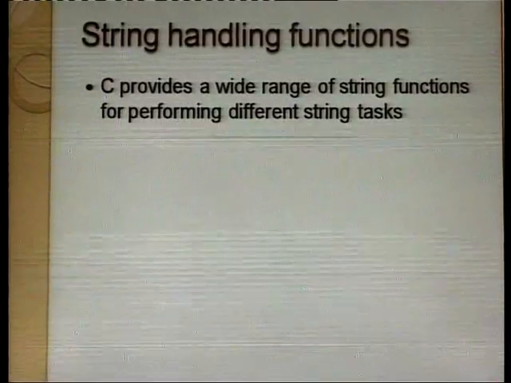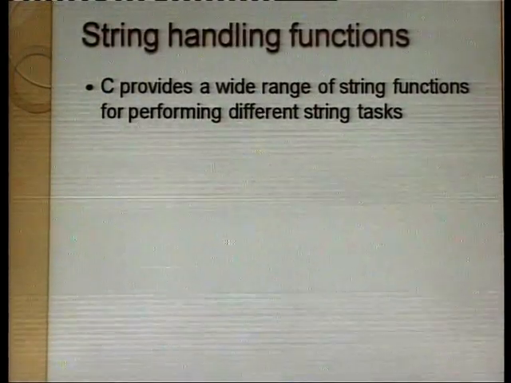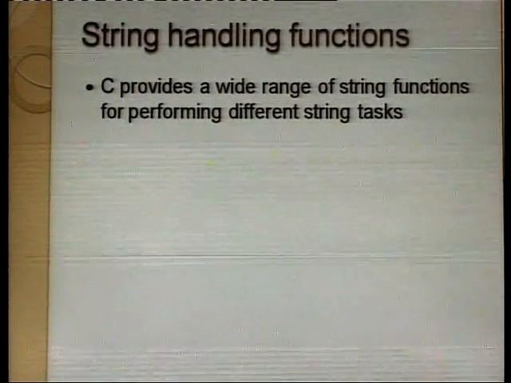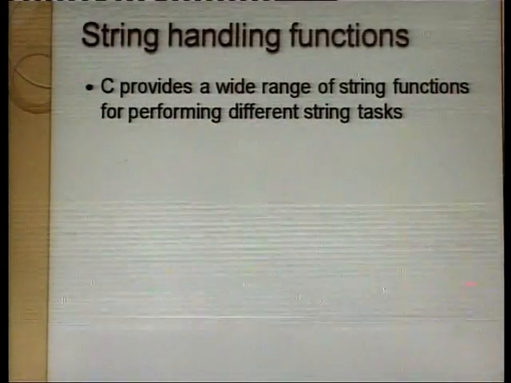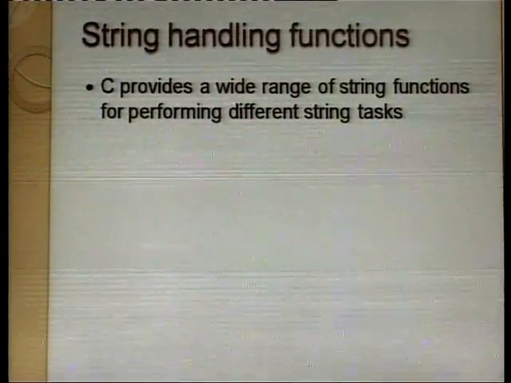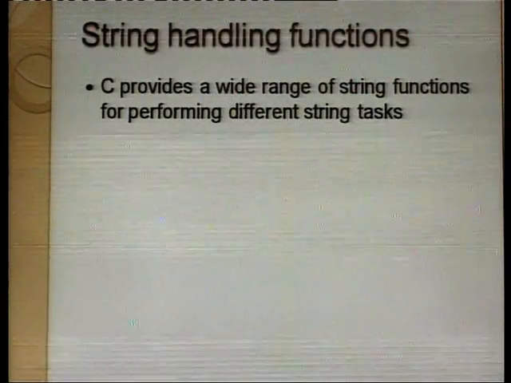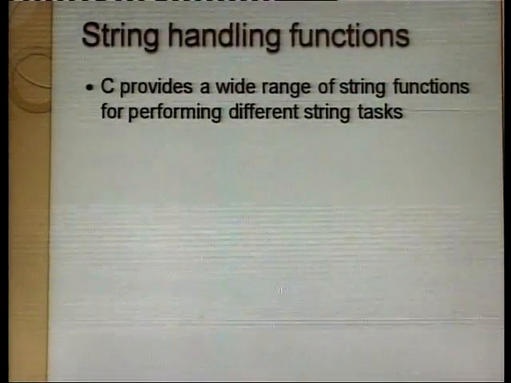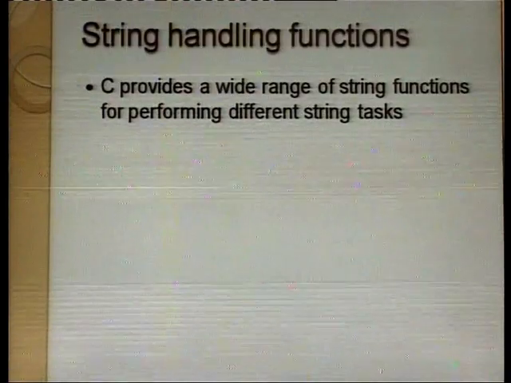Next one is string handling functions. So these are the basic input output functions. Let us start with other functions which are provided in the C compiler. C provides a wide range of string functions for performing different string tasks.